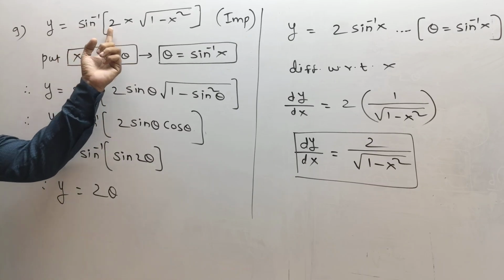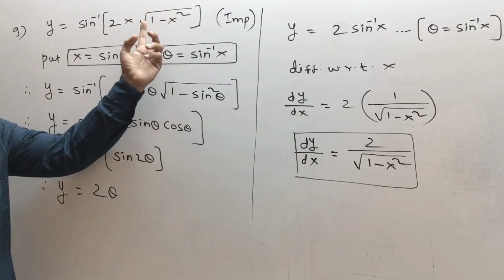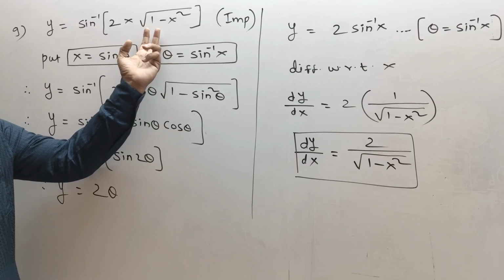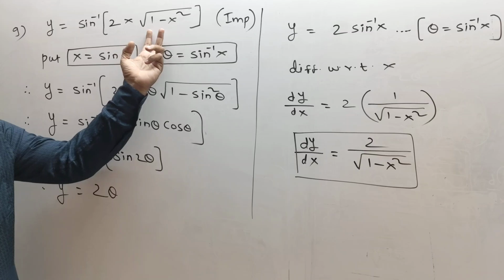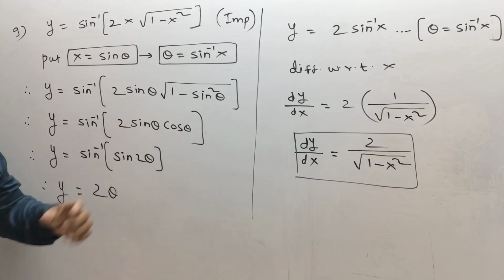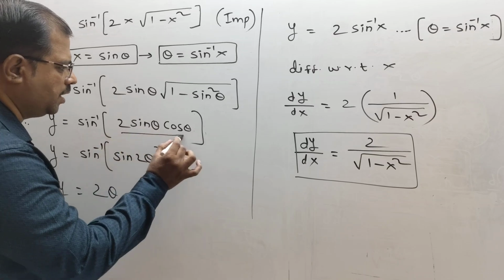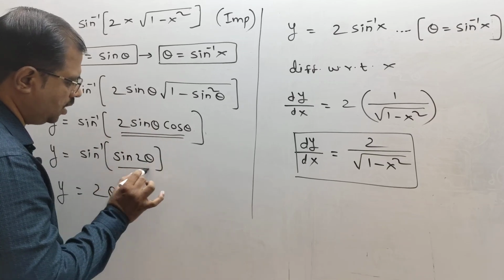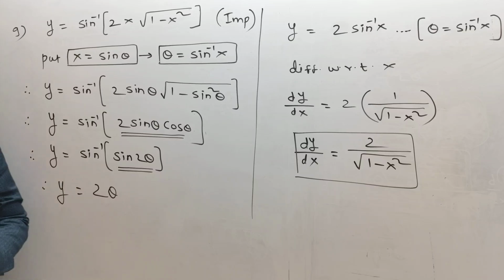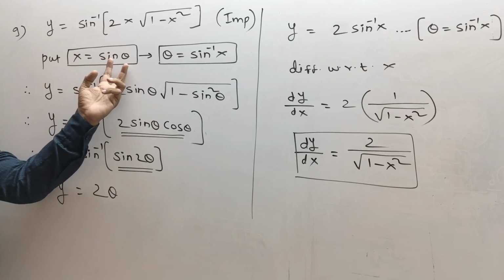Therefore, sine inverse of 2 sine theta into root of 1 minus sine square theta. 1 minus sine square theta is cos square theta and root cos square theta is cos theta. Therefore, 2 sine theta cos theta is the formula of sine 2 theta. Sine 2 theta, 2 sine theta cos theta. Therefore, we put x is equal to sine theta.